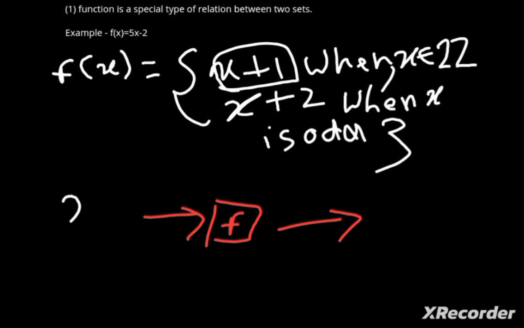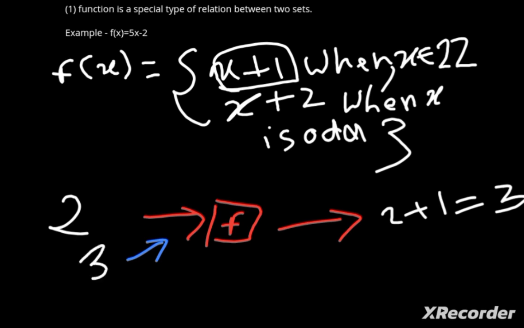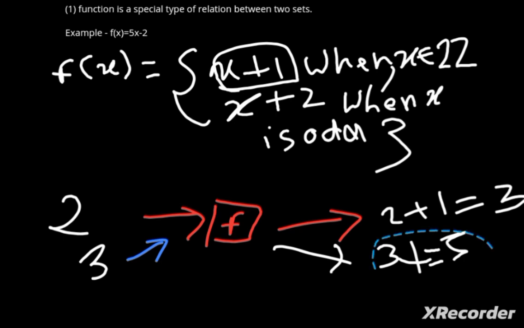If we insert 2, then it will be 2 plus 1, which is 3. And if we insert an odd number, for example 3, then we get 3 plus 2, which is 5.